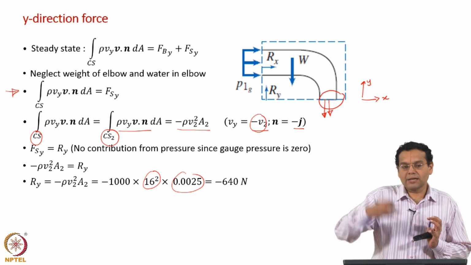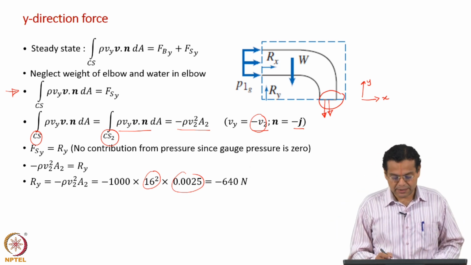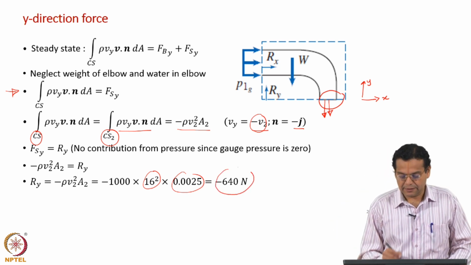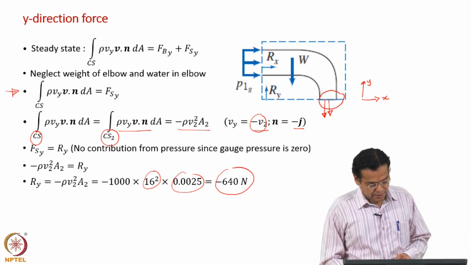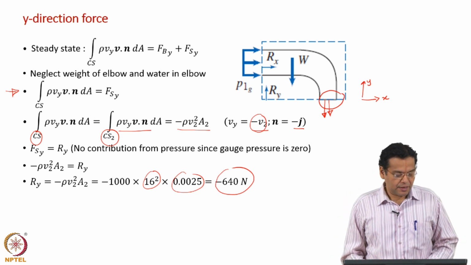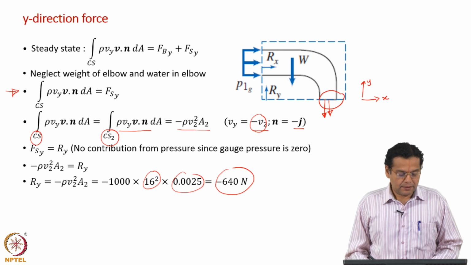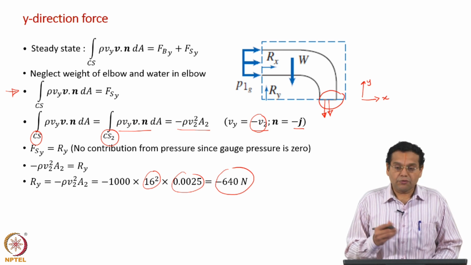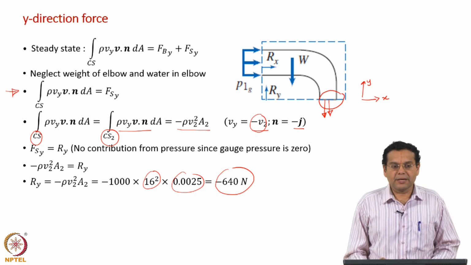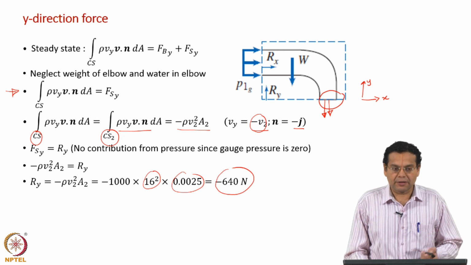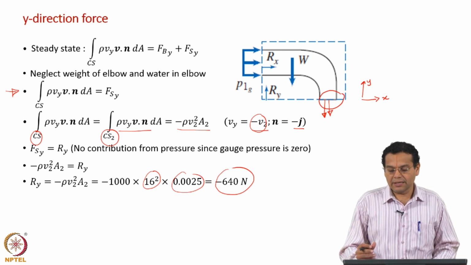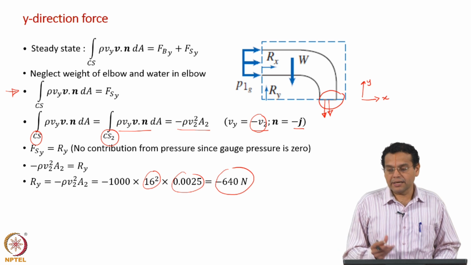Otherwise you have movement in the upward direction, that is the interpretation for this negative sign, okay. So, in this example we have seen that the force finally applied will have some direction based on this Rx value and Ry value, the two components. Accordingly, you will have a direction for the net resultant force, okay.